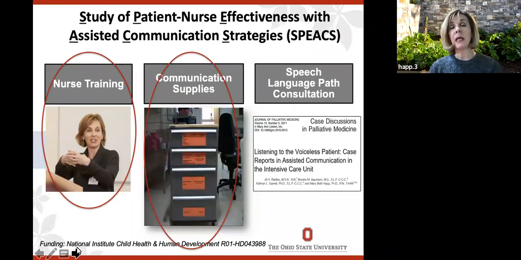So in our study of patient-nurse effectiveness with assistive communication strategies, called the SPEACS study, we devised a multi-component intervention that included specialized training for nurses.